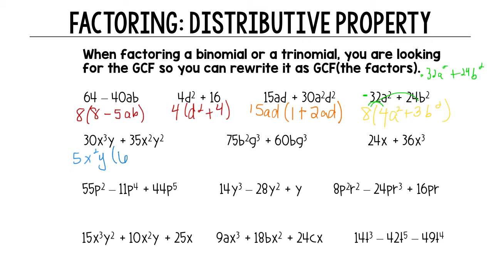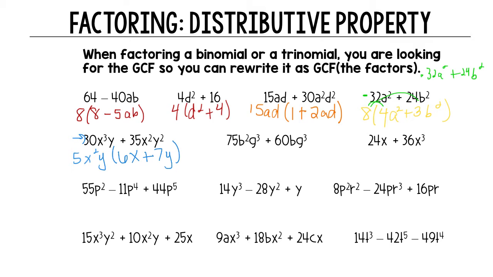X cubed, and I took x squared away, so I only have 1 x left. I had y, took it away, no y's. Plus 35 divided by 5 is 7. X squared, took it out. Y squared, took y out, so I'm just left with y. If I multiply these back together, I should get right back to 30x cubed y plus 35x squared y squared.